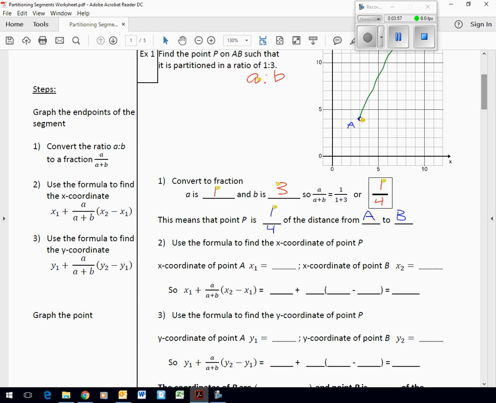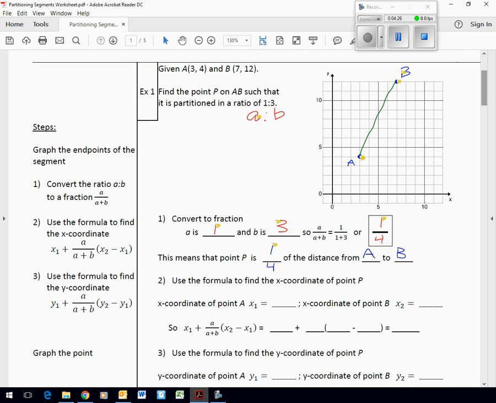Okay? After we do a couple of these, you guys will get the hang of this. Use the formula. Here's our formula. Use the formula to find the x-coordinate of P. Well, the x-coordinate of point A is what? 3. Remember, A is at 3, 4, correct?